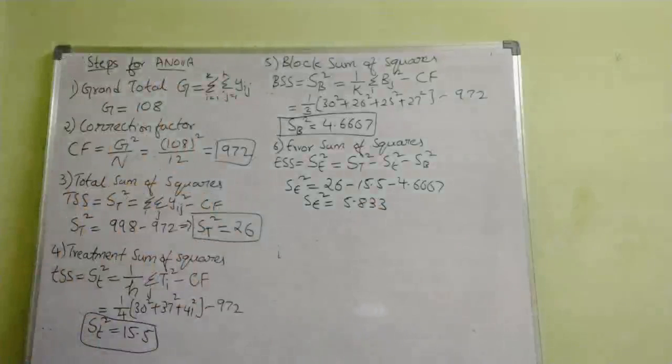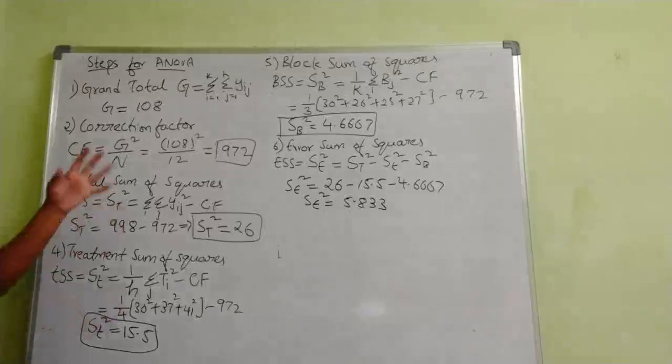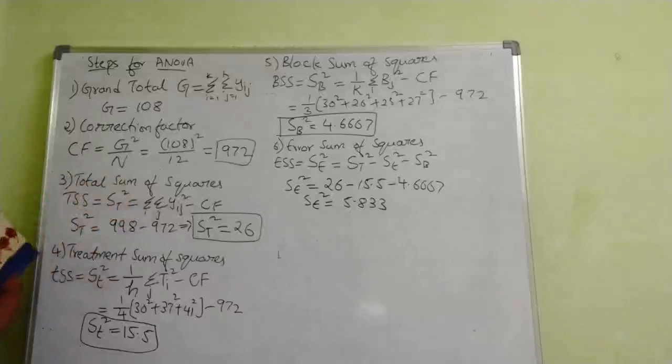Now by using this total sum of squares, treatment sum of squares and all the sum of squares, we are going to find the mean sum of squares. So this mean sum of square step we will directly calculate in our ANOVA table. So copy all this one.